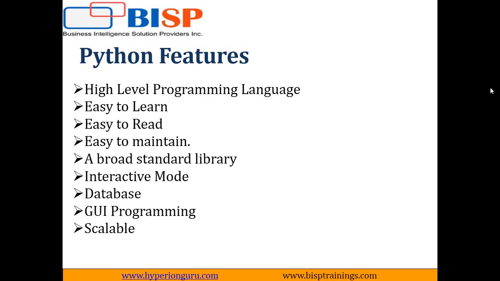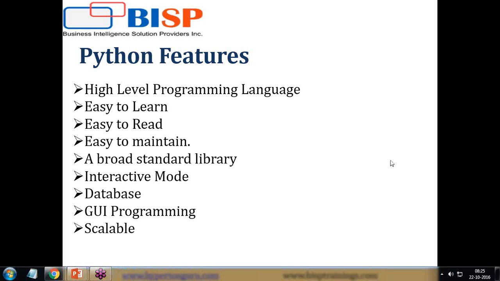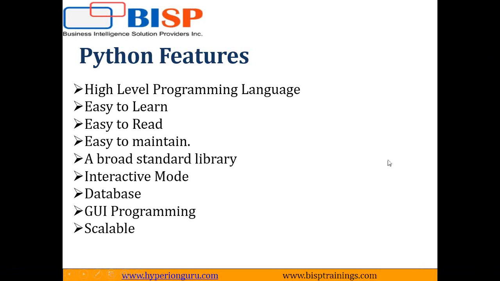Basically, let's suppose I have got a Python program that I'm using for a web application or GUI programming, and a large number of users are accessing my application. Python can handle that automatically. We don't have to take care of that, it will be taken care of by itself. So that's how Python supports scalable programming.